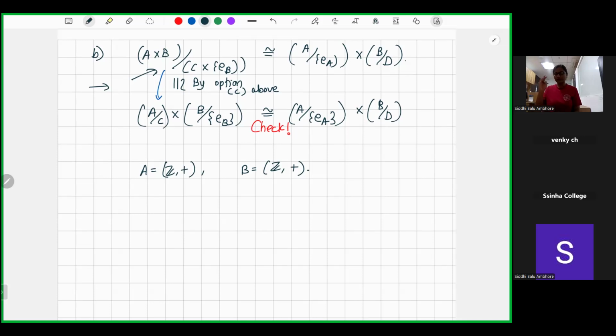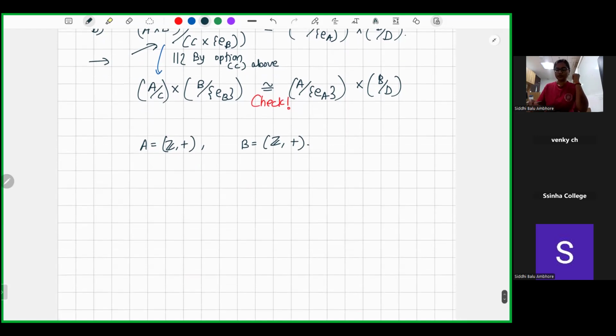Except for the trivial one, no subgroup of this is finite. But A and B are both abelian groups, so every subgroup is a normal subgroup. And can you come up with some C and D such that this will hold or not hold here?